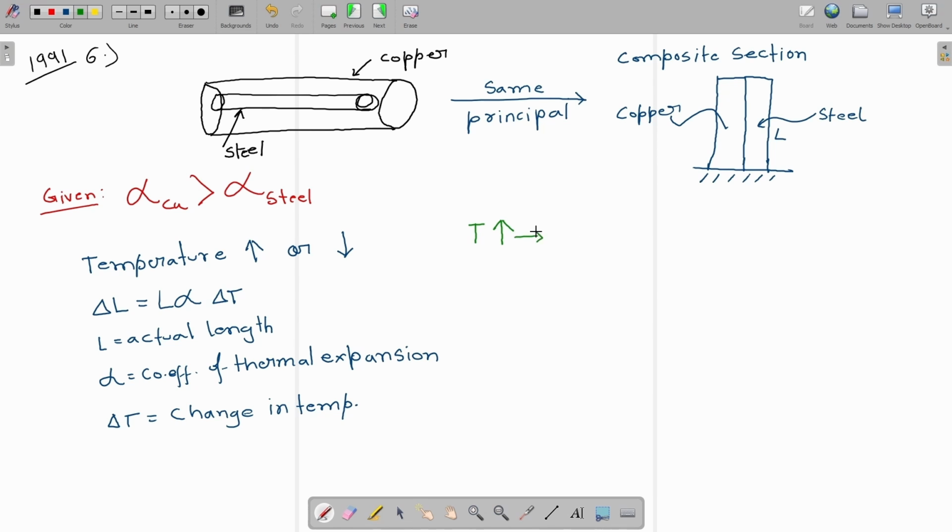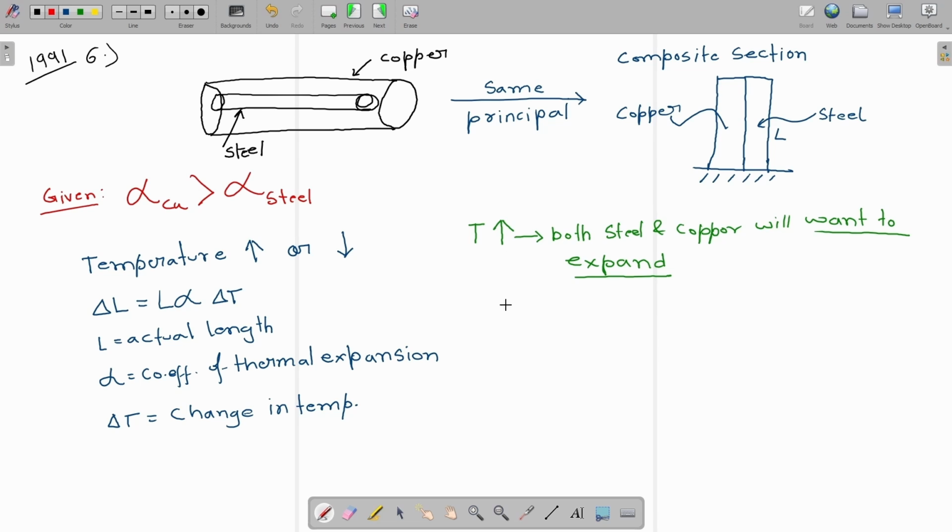Both steel and copper will want to extend or expand. Here this word "want to expand" is very important. Both of them are trying to expand.